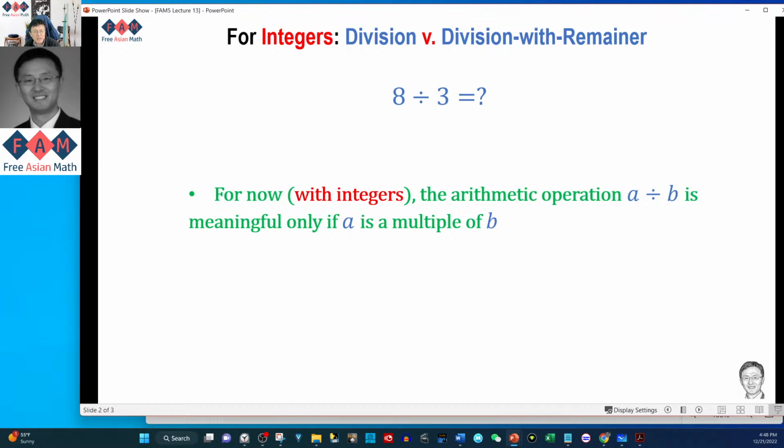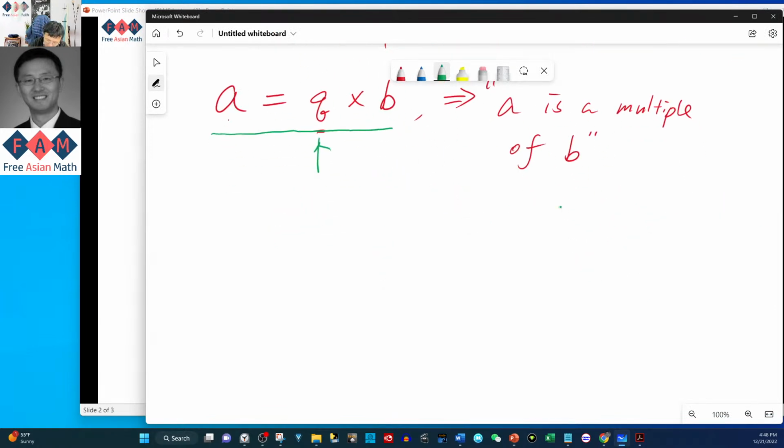But for now, when we discuss this particular arithmetic operation, a divided by b, where a and b are both integers, we want to see how we can define that. But we don't want to go too fast, so let's assume for now that both a and b are non-negative. Okay?